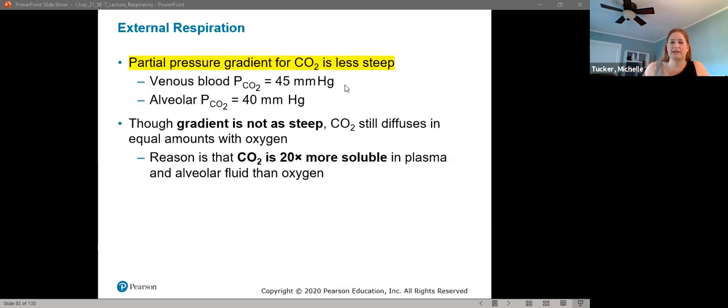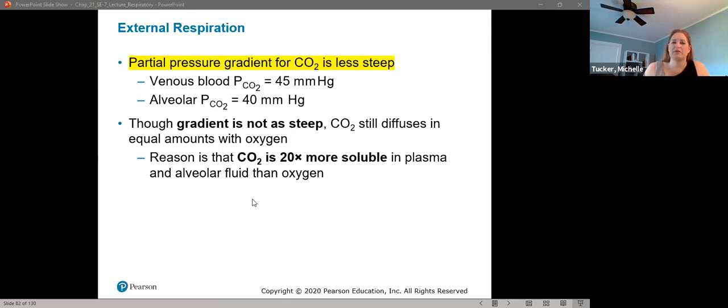For carbon dioxide, the partial pressure gradient is much less. It's going to be about 40 in the alveolus, and a lot of this is due to the offloading of carbon dioxide from the venous blood, because in the atmosphere it's much less.